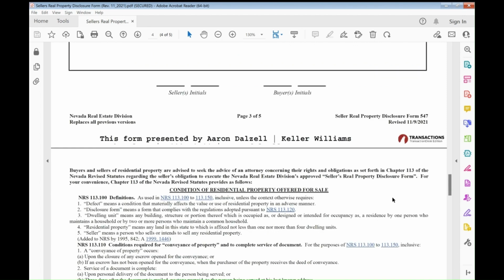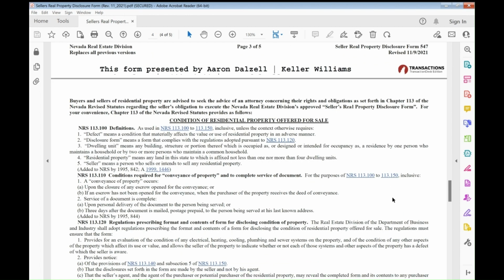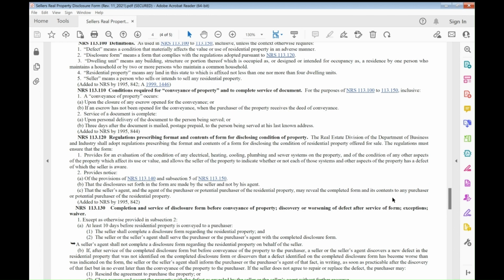Now, we're going to get this submitted to the purchasers and the purchaser's agent ASAP. The reason we do that so fast is that this could be an issue where the purchasers find something that they're not willing to accept, and a defect in maybe a roof or some plumbing or a well or a septic tank.